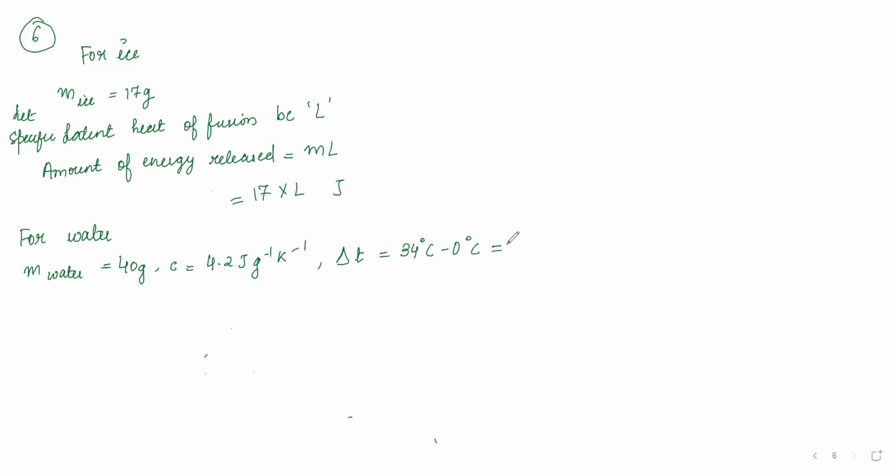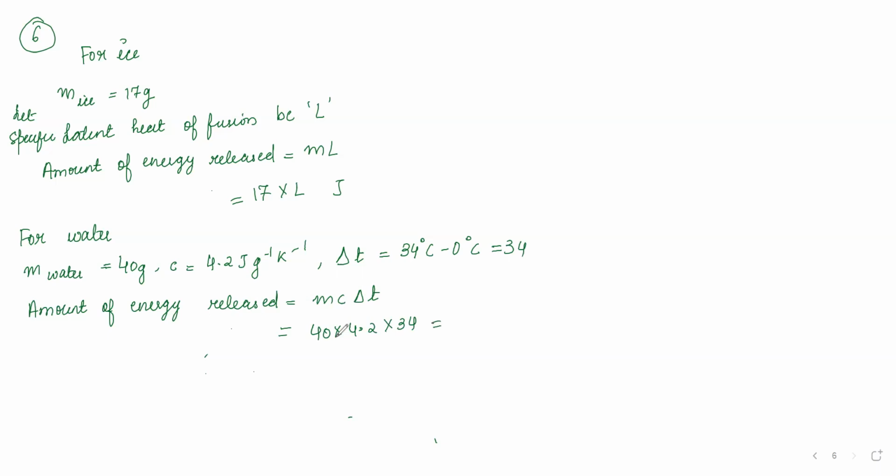So the delta T here is 34. Okay, so what will you be writing? Amount of energy released will be equal to MC into delta T. So here this is 40 into 4.2 into 34.